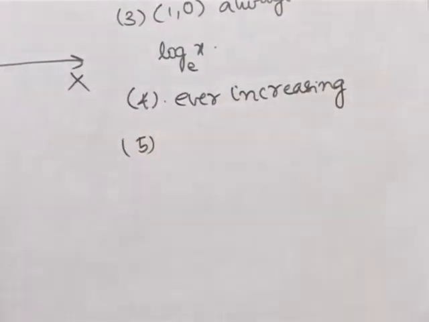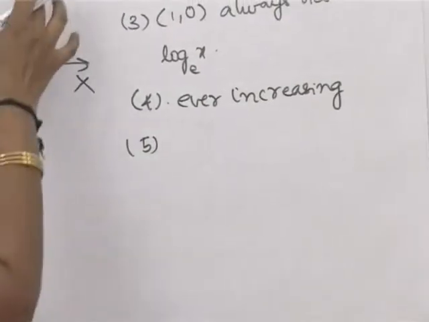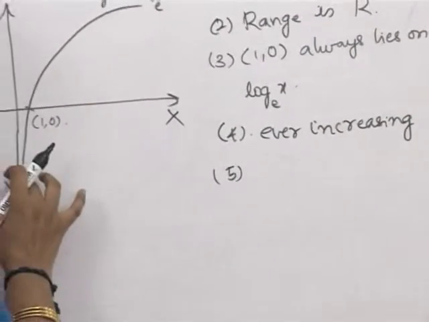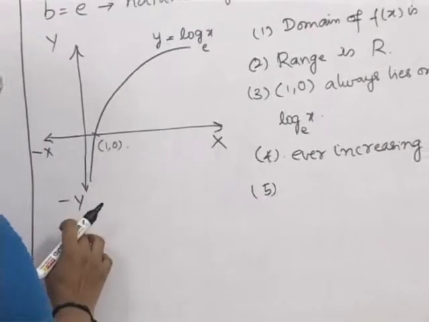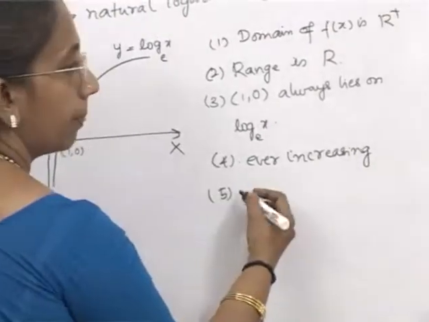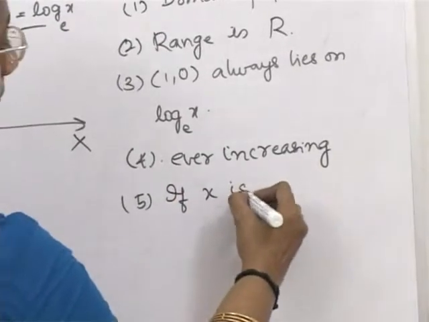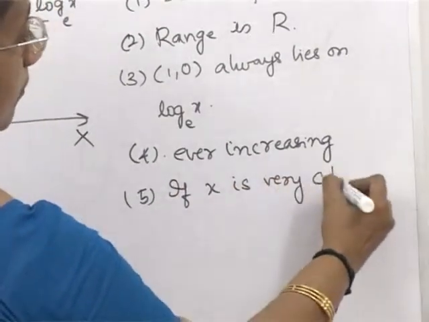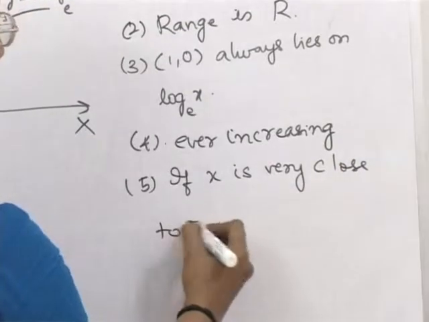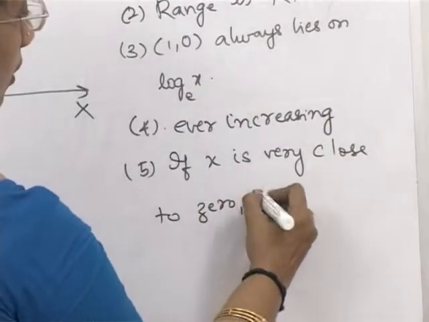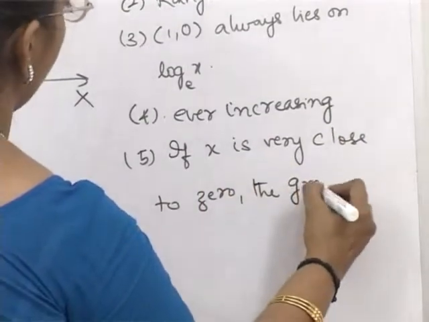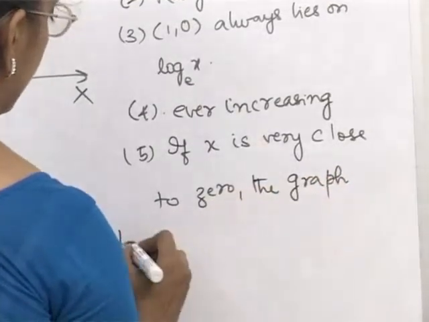And when x approaches 0, the graph will slowly try to touch the y-axis, but it will never do so. So if x is very close to 0, the graph tends to touch the y-axis.